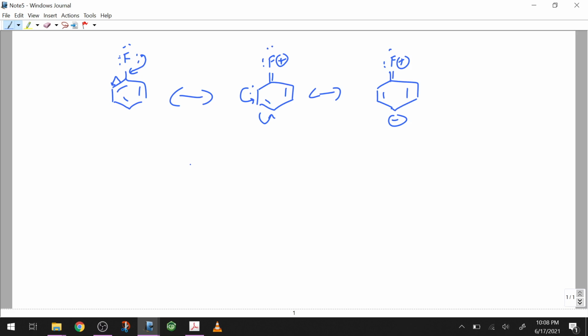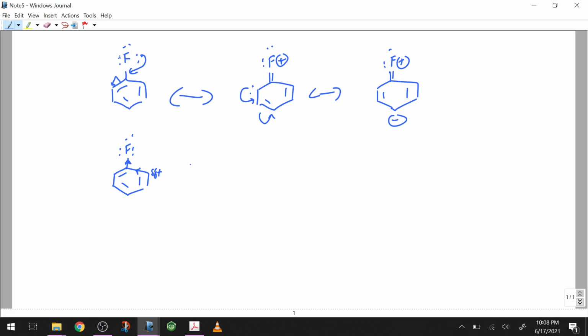However, inductively, this is the most electronegative element on the table, which means it is pulling with all its might on the electrons of that covalent bond, which in turn is doing the same thing here. So that is actually making this very slightly positive.